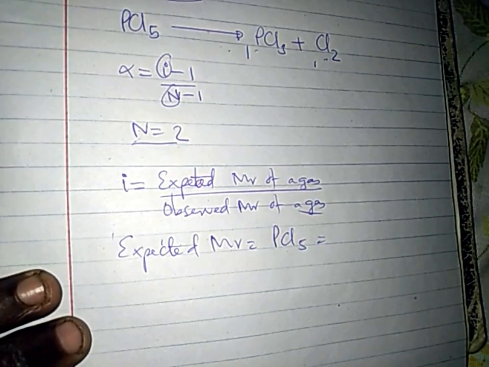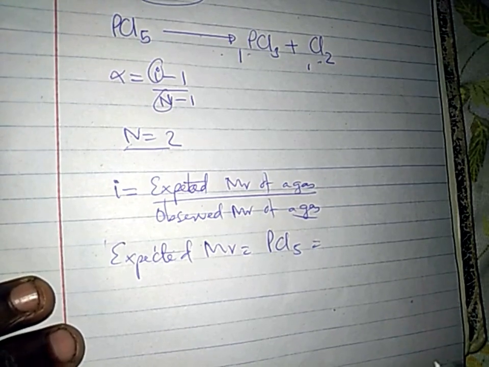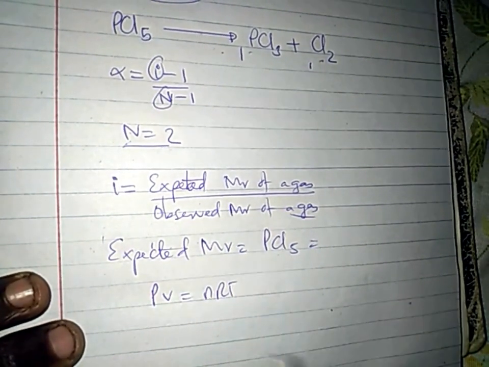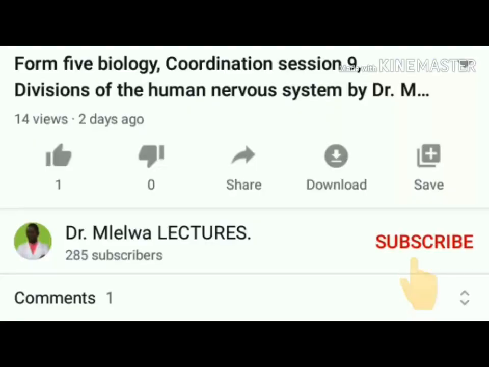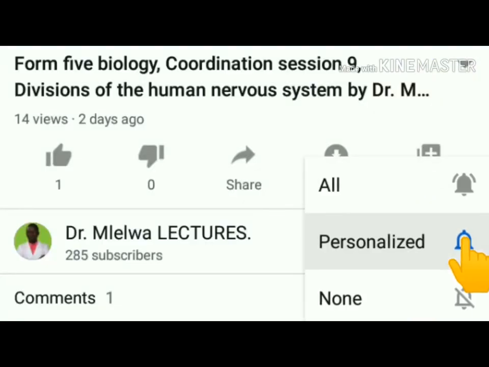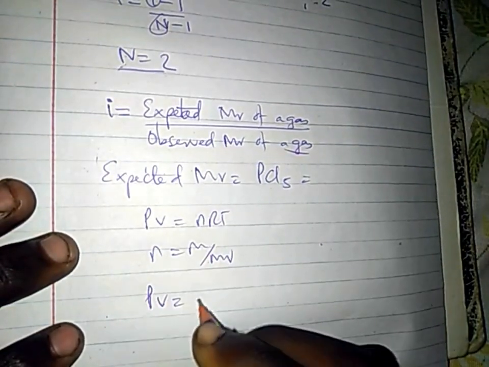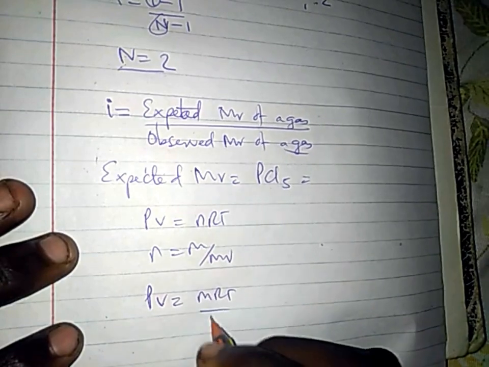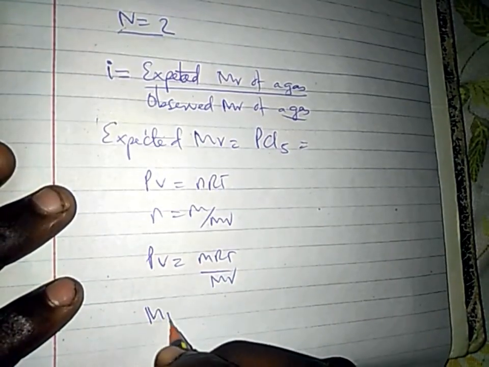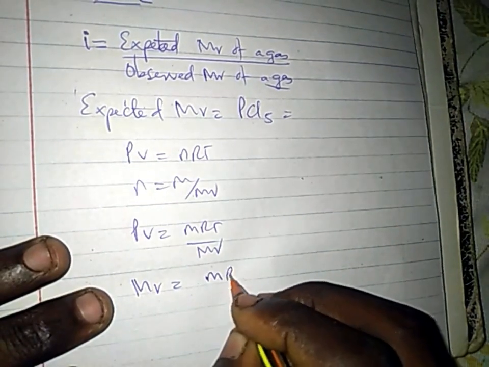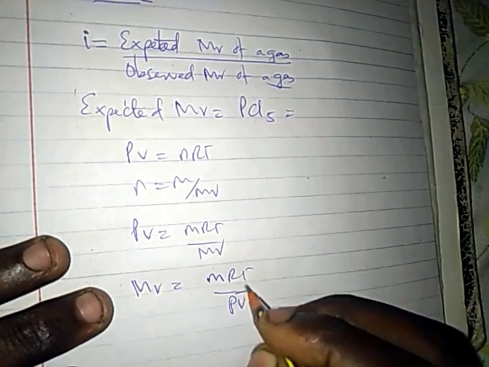From the ideal gas equation, PV is equal to nRT, and as we know, the number of moles is equal to mass divided by molar mass. So PV will be equal to mass times RT divided by molar mass. Molar mass will be equal to mass RT divided by PV.